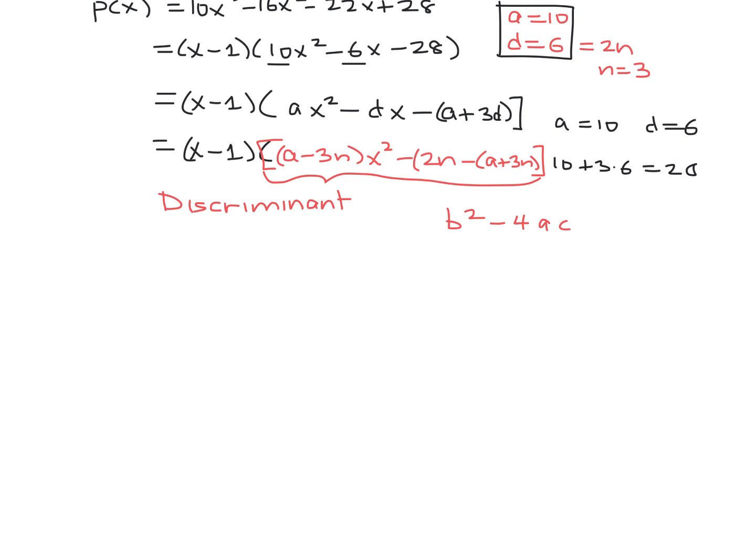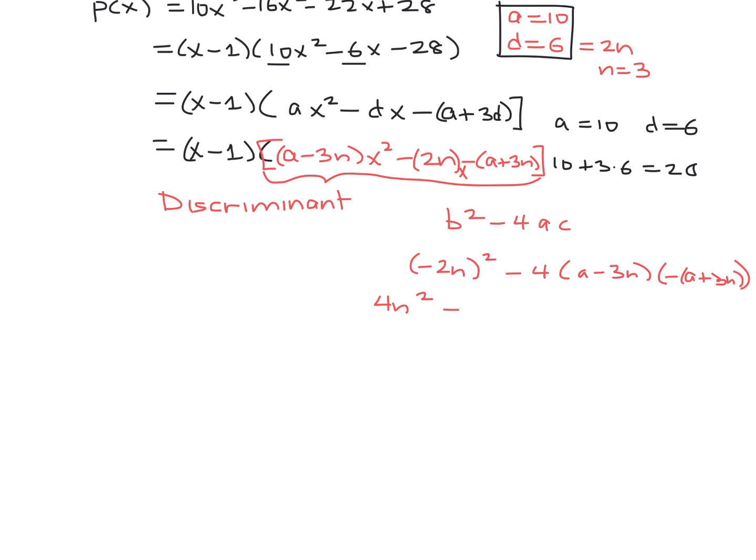Right here, there should have been an x. So it would be minus 2n squared minus 4 times a times c, like that. Okay, so let's do this algebra.